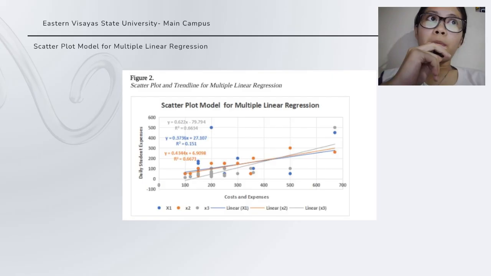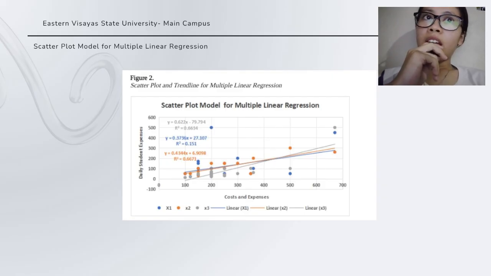So the obtained slope, which is the number before x, the first term, shows how much y changes for every 1 unit of x.